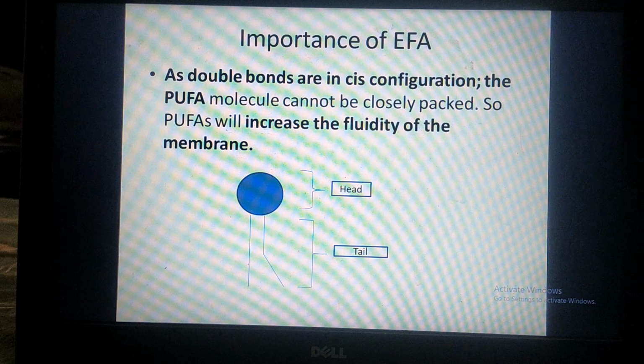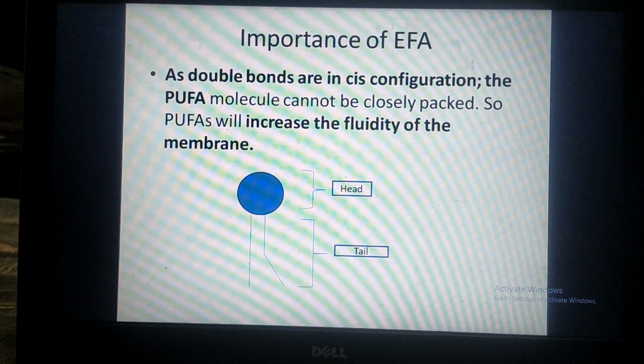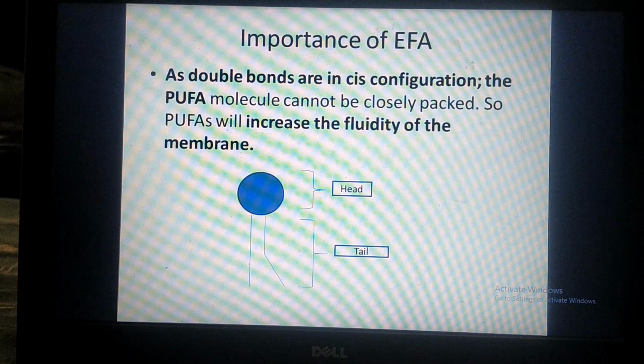If the phospholipids are tightly packed, then the cell membrane will lose its fluidity. So the essential fatty acids play an important role in maintaining the fluidity of the cell membrane.